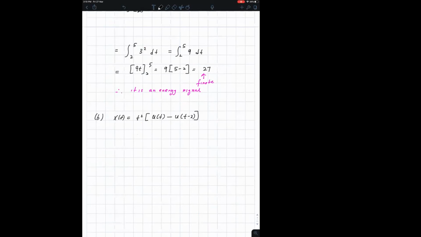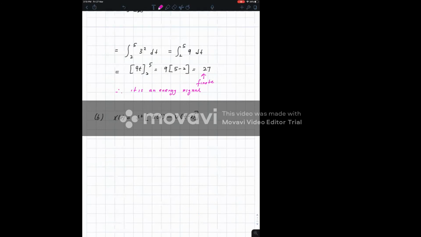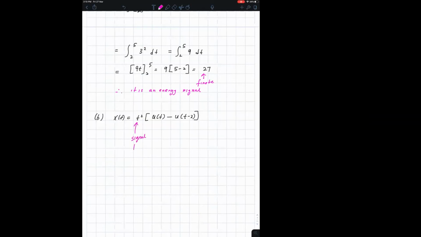Okay, here the thing is, this is the signal. This is really the signal part. This gives you the integral limit.